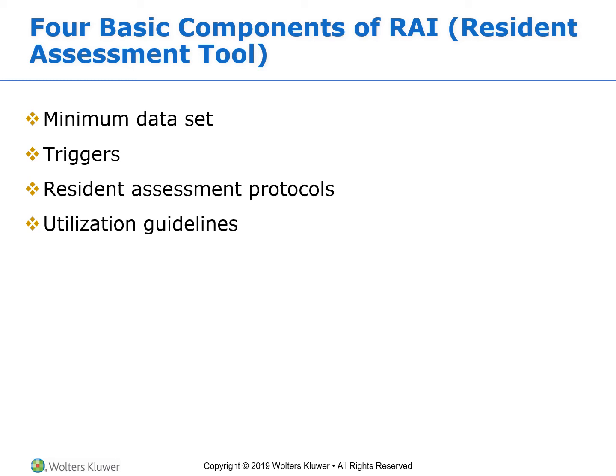The first one is the minimum data set. This is a core of screening, clinical, and functional status elements that form the foundation of the comprehensive assessment of all residents in a long-term care facility, and it helps certify them to participate in Medicare or Medicaid. Items in the minimum data set standardize communication about residents' problems and conditions.